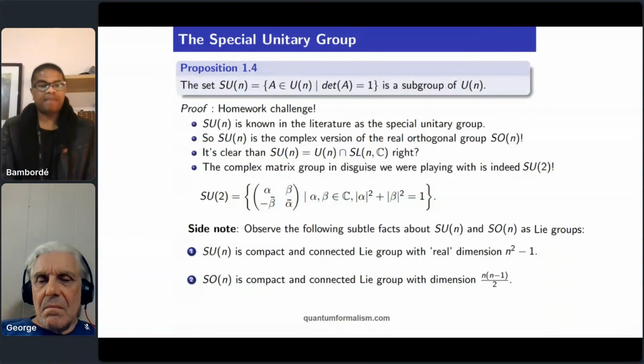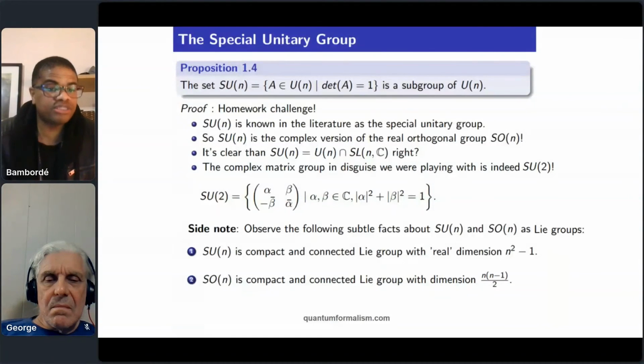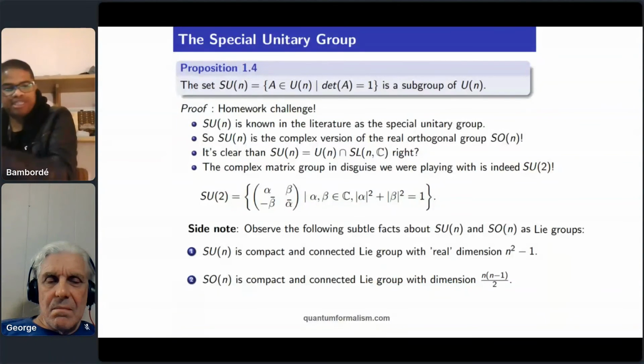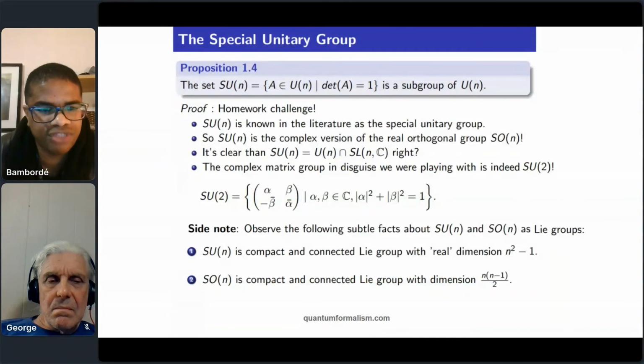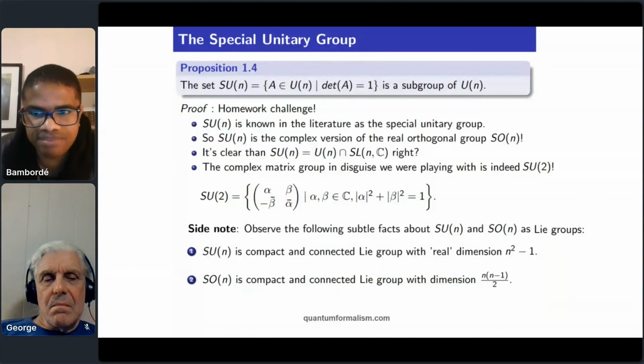These are the types of representations that have applications in physics, in quantum computation, and so on. In the next session, we will focus on representations of groups. We'll start abstract, and then specialize to the representations of the unitary and special unitary groups. You'll see some examples and some challenges.